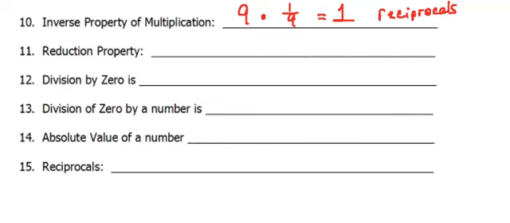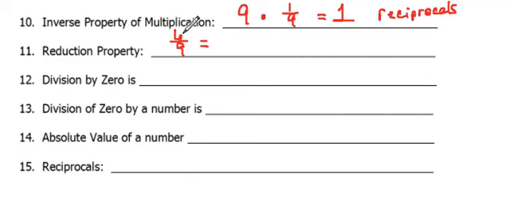Alright, the last few properties that we need to review starts off with what's called the reduction property. Now, that sounds a little bit formal. What we normally call it is just simplifying fractions or reducing fractions. So, for example, if we were to have the fraction, say, 6/9, we would look at this and say, well, they have a common factor of 3 in the numerator and also in the denominator.